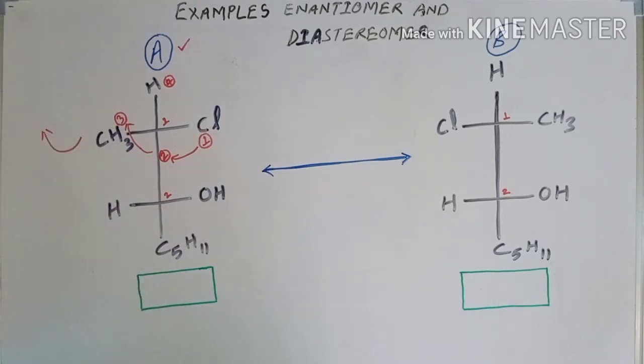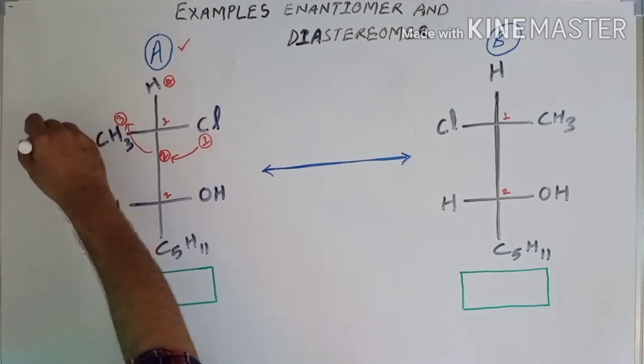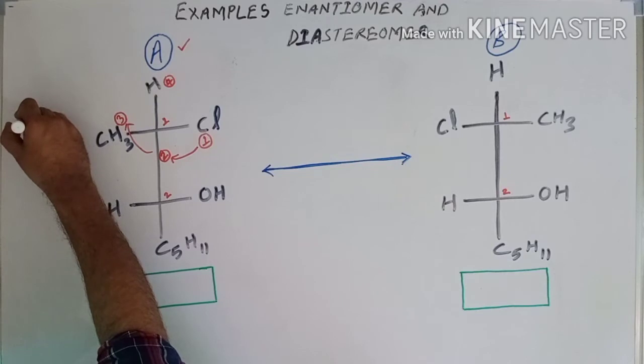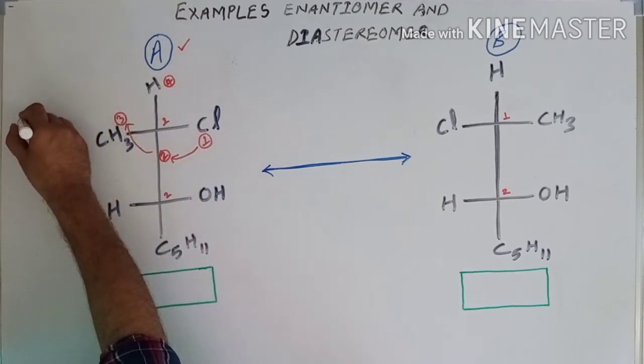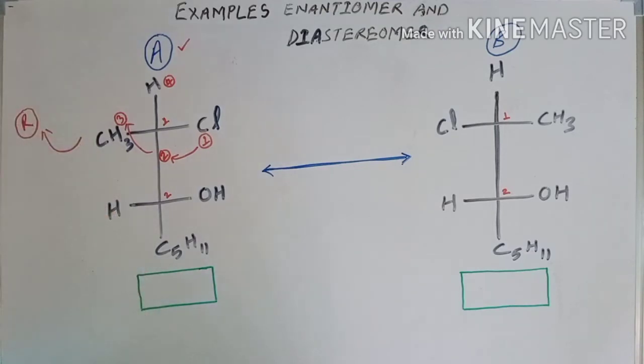If the arrow goes in this movement, then this is the clockwise direction. So the configuration of chiral carbon number 1 may be R, maybe. Why am I saying maybe? Because it is not finally defined here by seeing the arrow that this carbon is R.